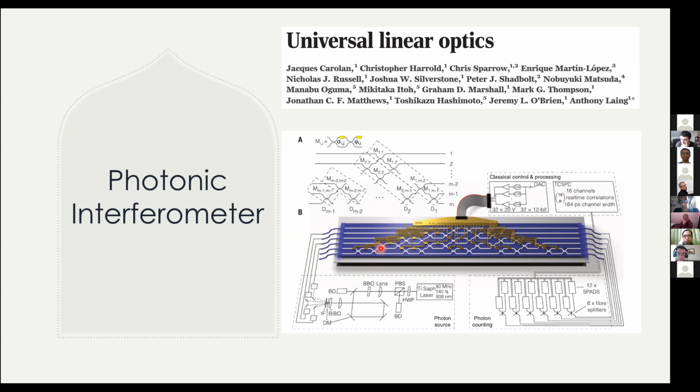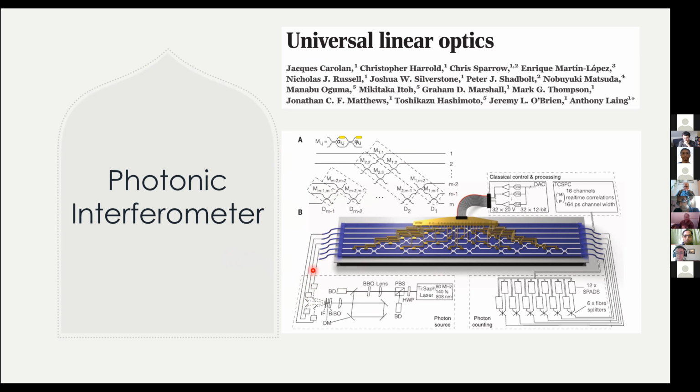And then they're colored in gold here, and these little gold things are phase shifters. So they change the phase of whatever photon is in the waveguide at the time. And then in between these phase shifters, you have beam splitters, and these just act as beam splitters between the waveguides. So there's a lot more detail in that paper, but this is the system that we're using for the experiment, and it's used in quite a lot of experiments we do.